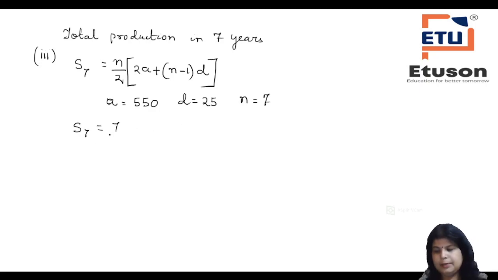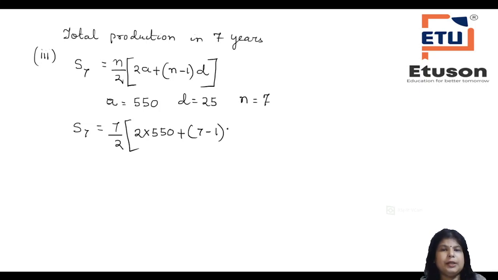That is nothing but 7 by 2 into 2 into 550 plus 7 minus 1 into 25, that is equal to 7 by 2 into 1100 plus 6 into 25, that is 150.